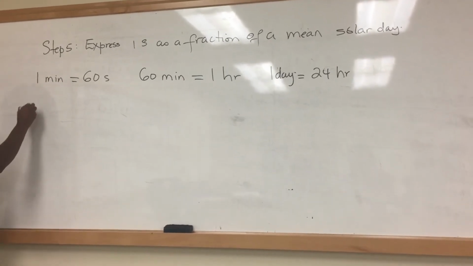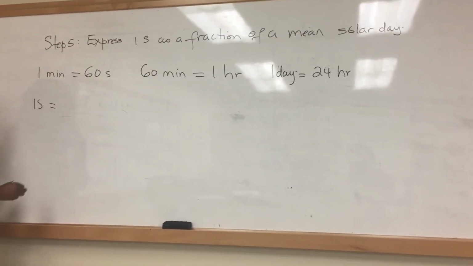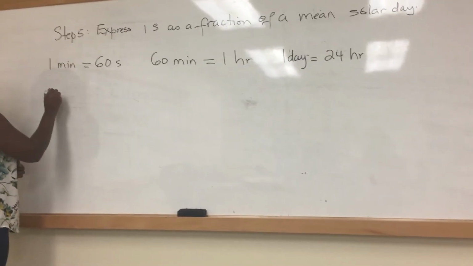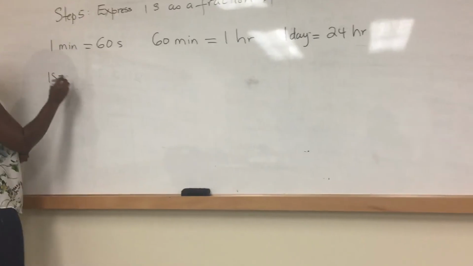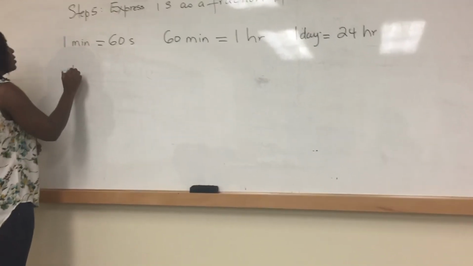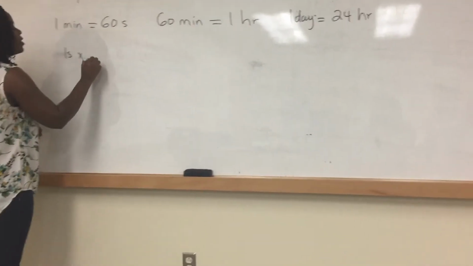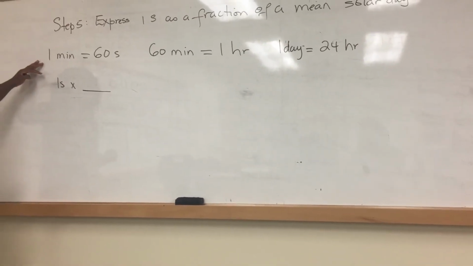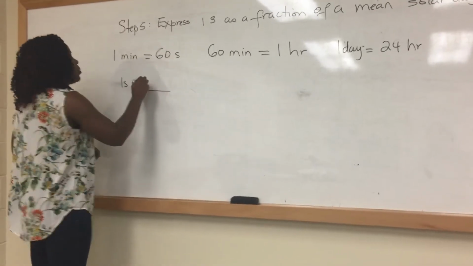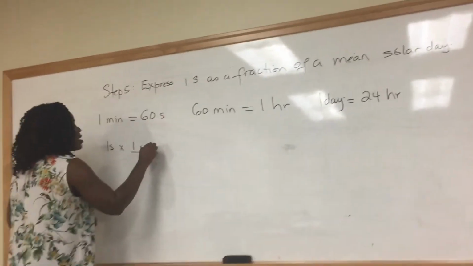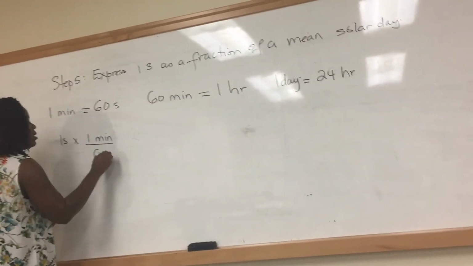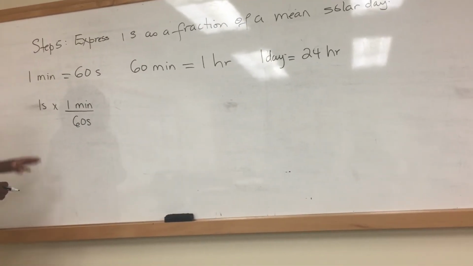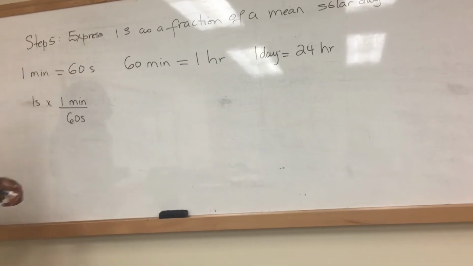So we can say 1 second, and then our first conversion factor, since we are going to go now from seconds to minute, we will put 1 minute in the numerator, 60 seconds in the denominator. And then in our second step, we're going to convert minutes to hour.